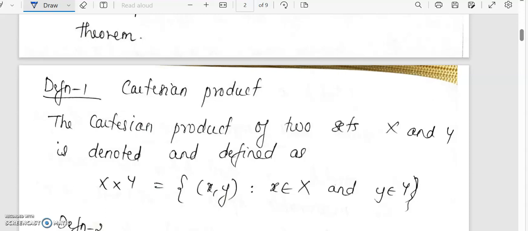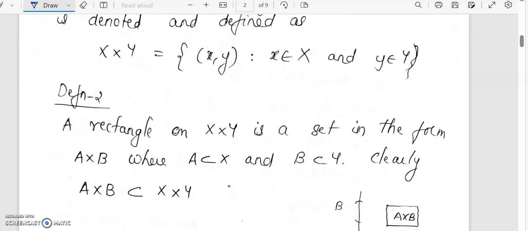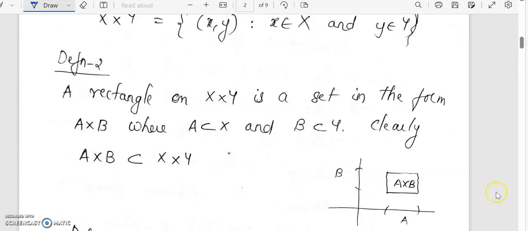Now let us look at what is called a rectangle. By a rectangle on X cross Y, we mean a set of the form A cross B such that A is contained in X and B is contained in Y. If this is X and this is Y, you can imagine a rectangle to be something like this.